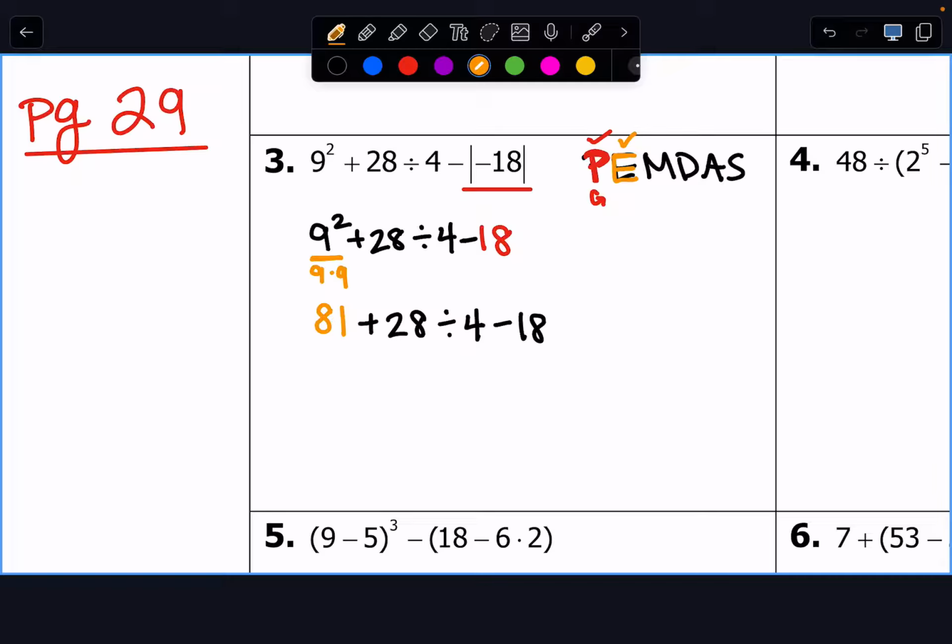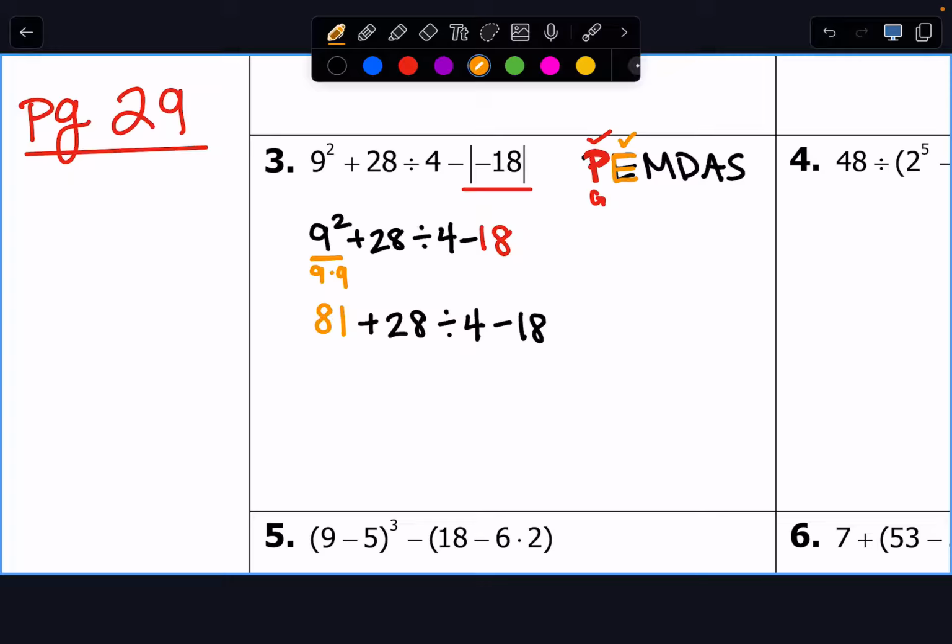Okay, something that I'm noticing. You know PEMDAS, but then you get to this point and you're like, hey, left to right. Why is that wrong? Because there's a division symbol between 28 and 4. Division and multiplication are left to right. Addition and subtraction are left to right, but they're not all at the same time.